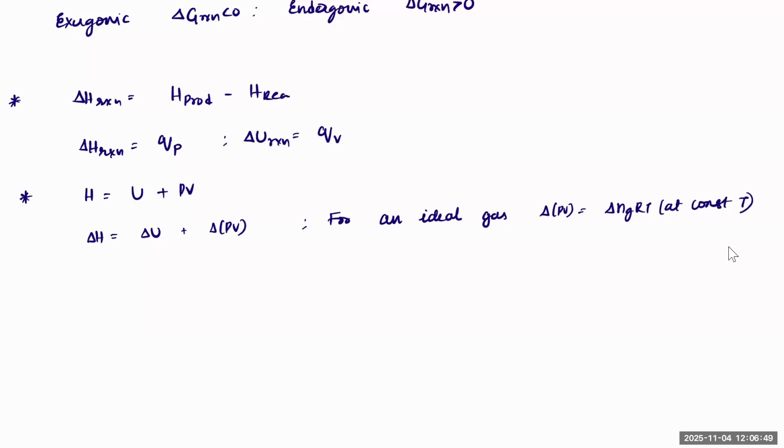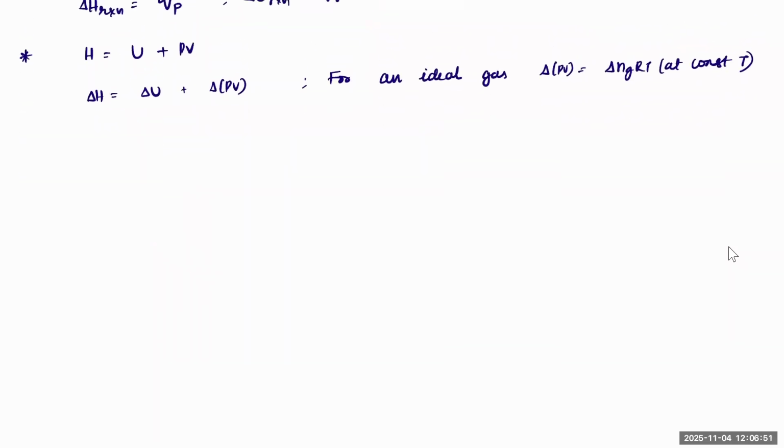And usually chemical reactions are operated at constant temperature. Hence, delta H of the reaction can be written as delta U of the reaction plus delta n g RT.